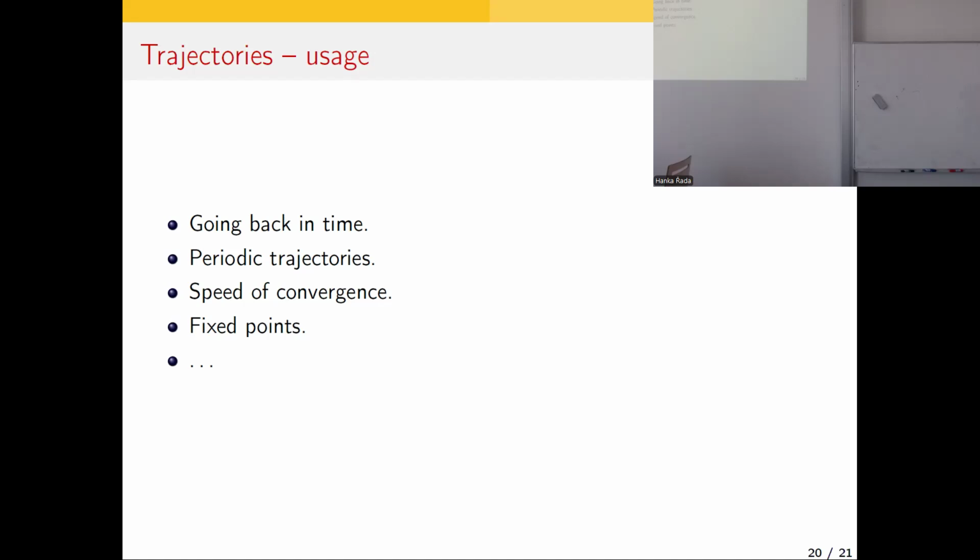Like, was there some permuton from which we could get to the permuton we have now using this process? We can also investigate whether the trajectories get periodic, if there are some fixed points of these trajectories. Or we can investigate the speed of the convergence of such trajectories.